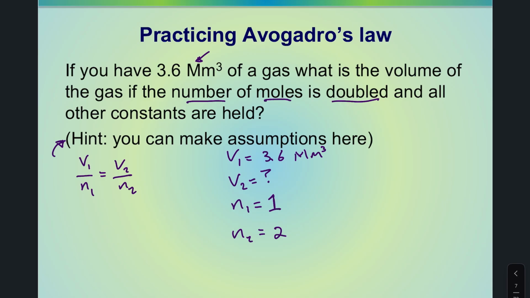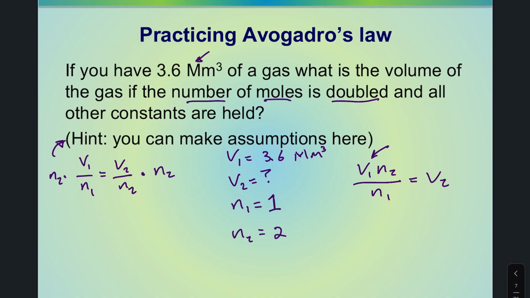In order to get V2 by itself, we'll have to multiply n2 on both sides, and then we get V1 n2 divided by n1 equals V2.